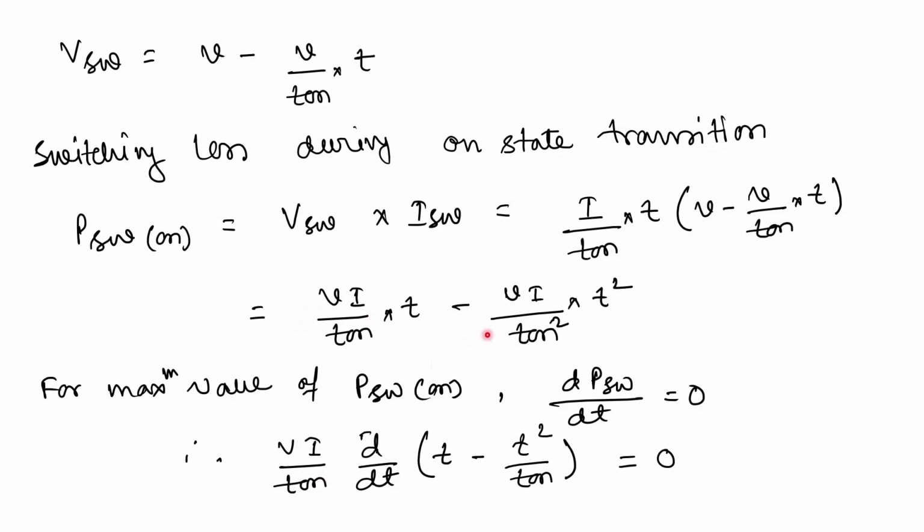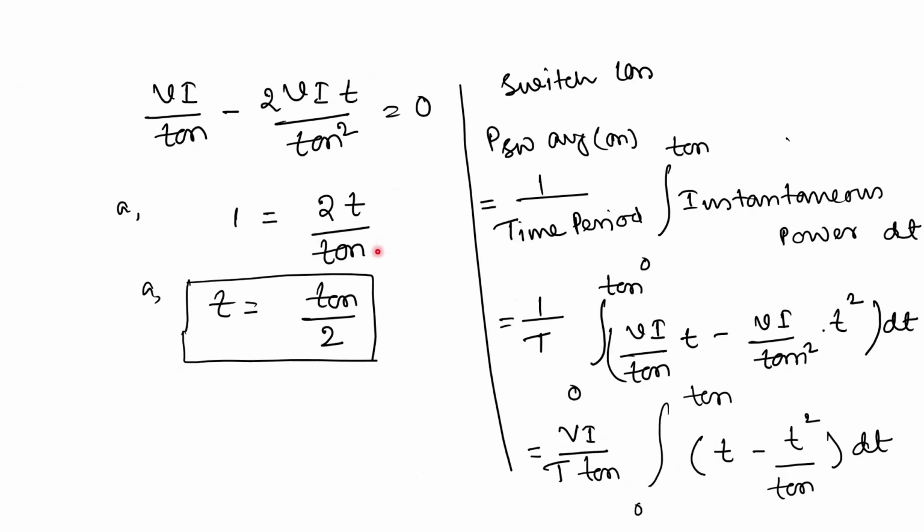VI by T on is common for these two components, so we take it common, and then d dt of t minus t square by t on equals 0. If you go through the mathematics, small t should be equal to t on by 2. Small t is the t on plus t off, so t on and t off will be the same.